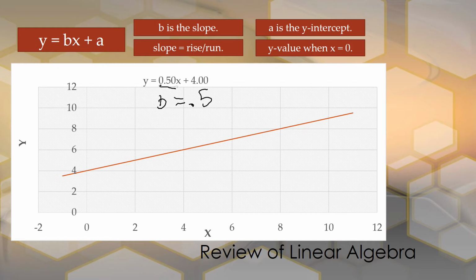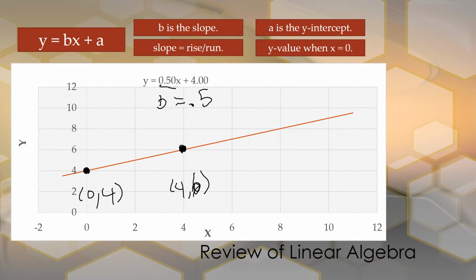So I'm just going to find two dots here, one here, and I'm going to use this one. I'm just picking two places on this line, but I'm picking these because it's easier to find the coordinates since they are on whole numbers. So this is, for example, (0, 4). And this one is (4, 6). Okay, so I'm going to use these two dots.